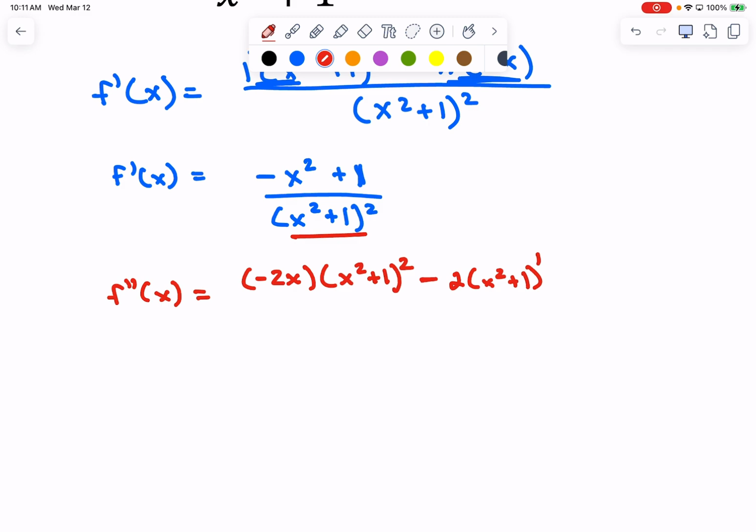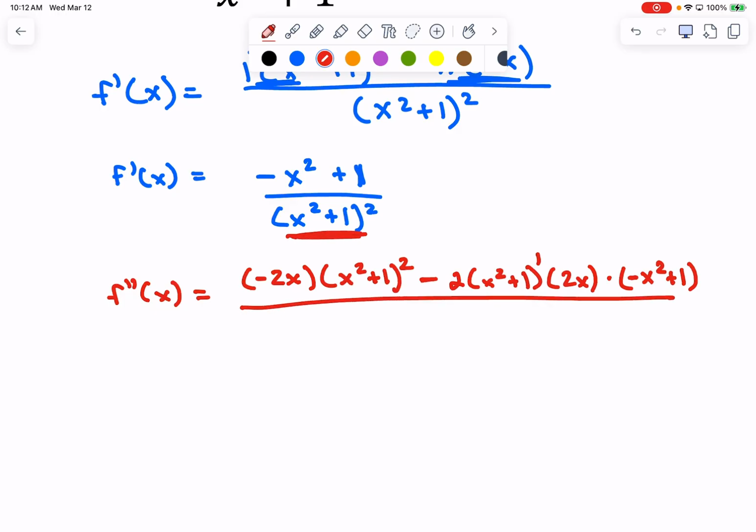First, now times the derivative of the inside. 2x. There you go. Times the top. Times bottom squared. So if this is to the second power, now it's to the 4. There you go.